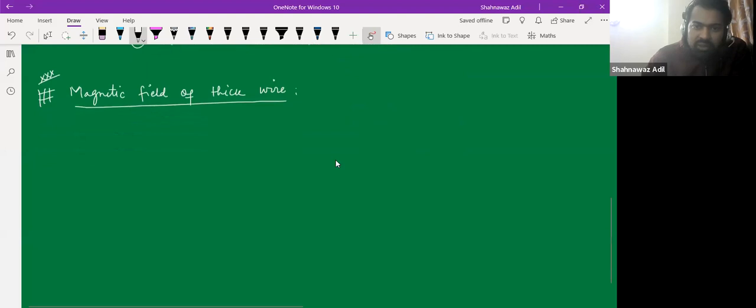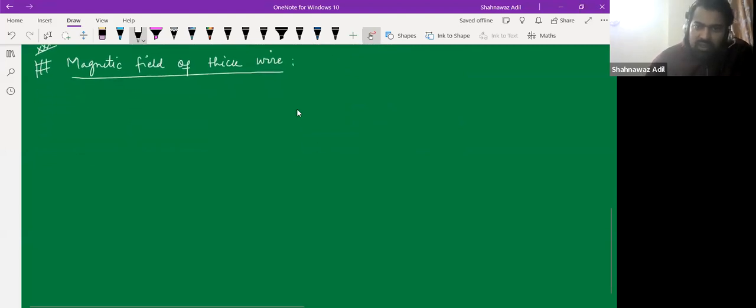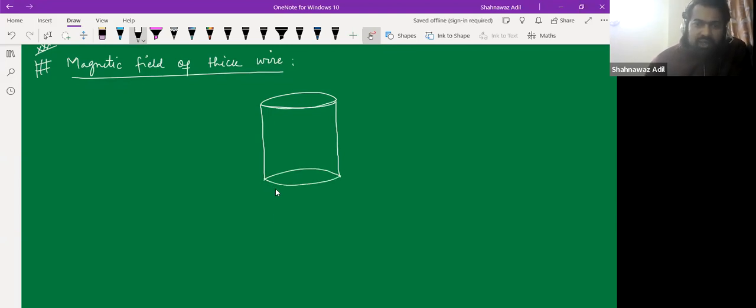Let's say we have this thick cylindrical wire, and a current I is flowing through this thick wire. The radius of this thick wire is, let's say, R.